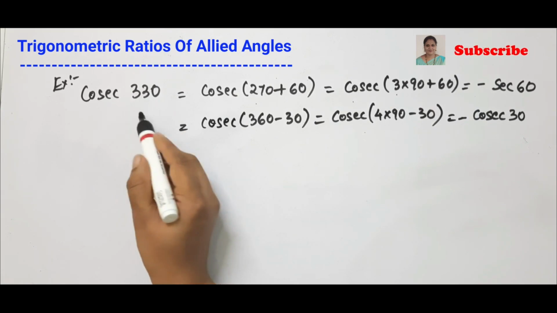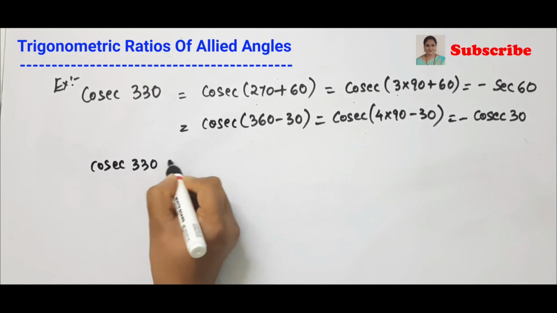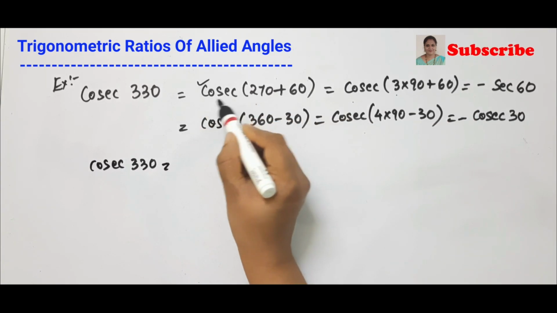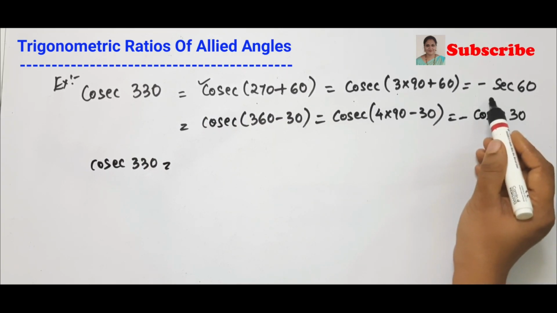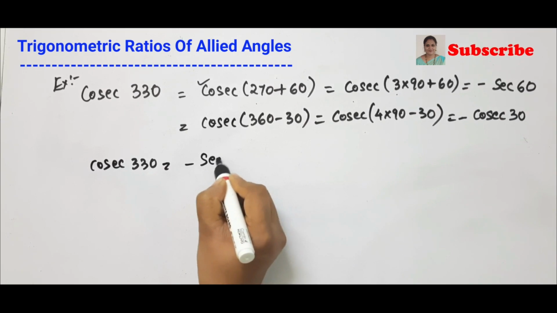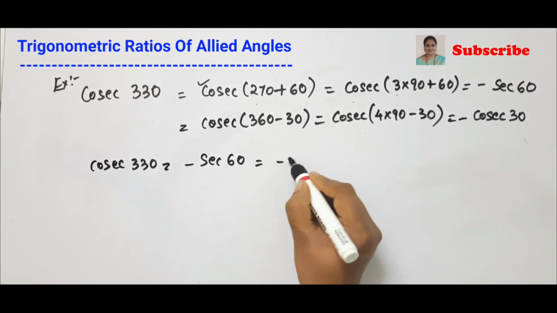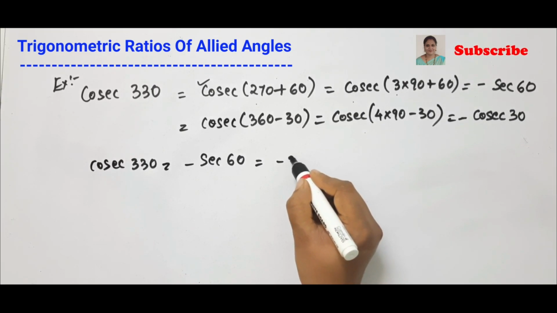If you express cosecant 330 as an odd multiple into 90 plus theta and solve, you will get minus secant 60. Secant 60 is nothing but 2, is it not? So this will be minus 2.